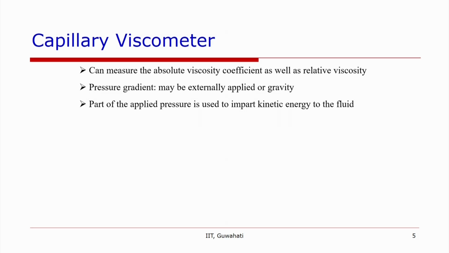However, this instrument has some limitations. Of the pressure gradient, some of the energy of the fluid, the gravitational energy in our case, some part of it will be used to impart kinetic energy to the fluid. Then, as you might notice, the flow happens from a bulb into a capillary, so at the entrance there will be an entrance effect.